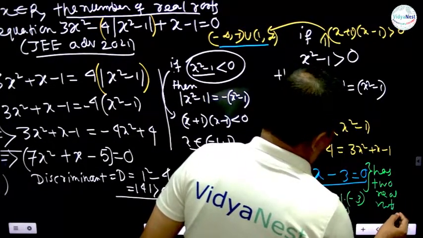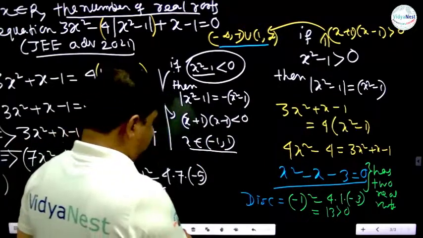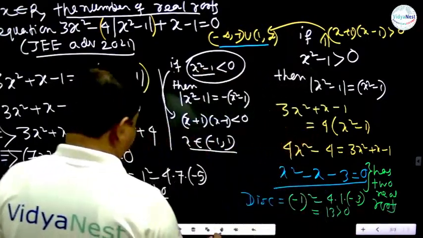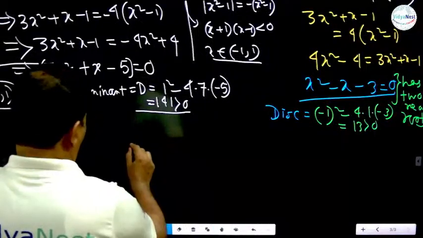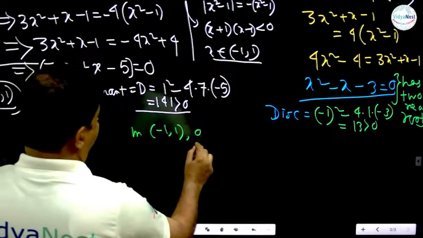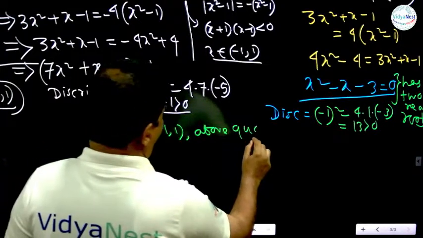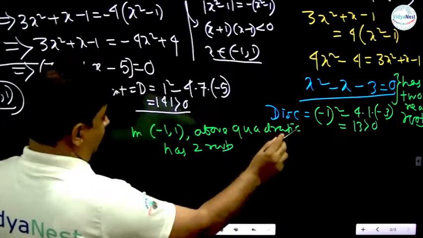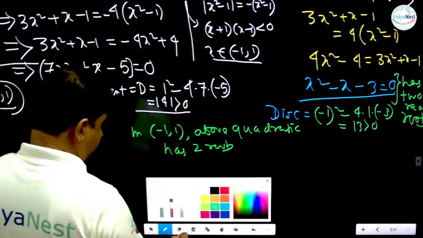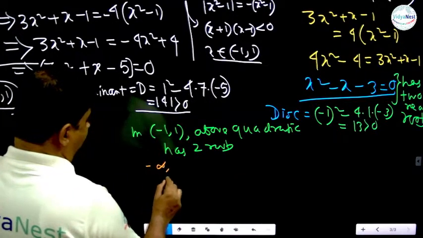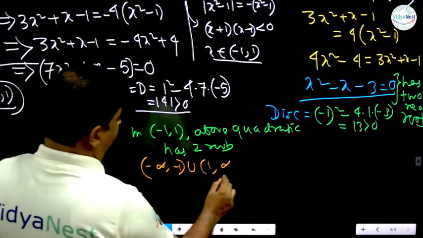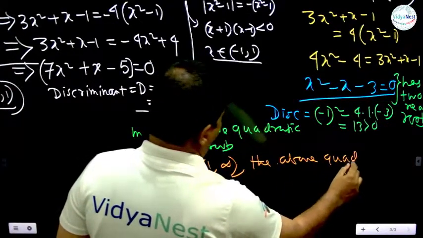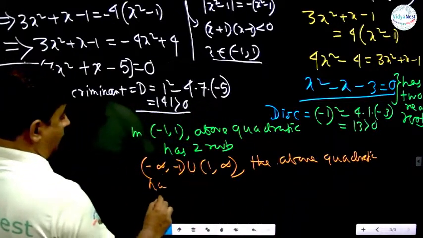So how can I draw the conclusion? See, the conclusion is in -1 to 1 the above quadratic has 2 roots, and now in minus infinity to minus 1 union 1 to infinity, the above quadratic has 2 roots.